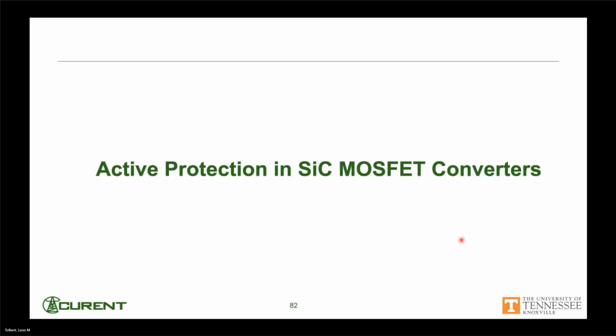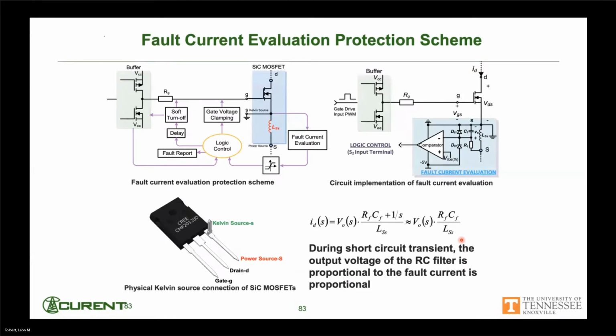And so what's referred to as the active protection, fault current evaluation protection scheme, that's shown here. Again, it's very similar to the DSAT, but instead of monitoring this voltage, we're actually just monitoring current. So you can monitor the voltage across the device, or you can monitor the current through the device. In this case, monitoring the current through the device.